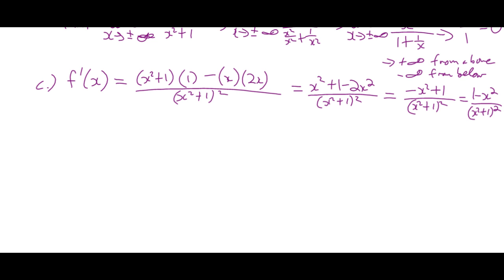So is there anywhere that f prime of x does not exist? No, because we can't make the denominator 0, right? And we already know that because we have no vertical asymptotes, right? So if there's no vertical asymptotes, then this has to be continuous.